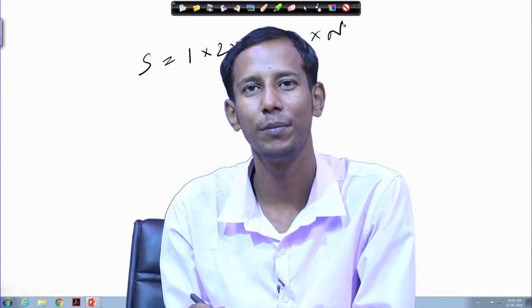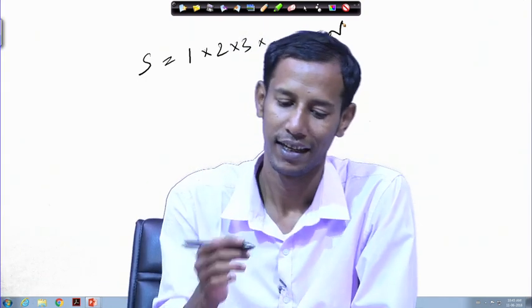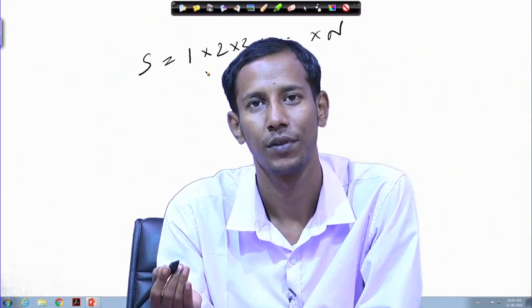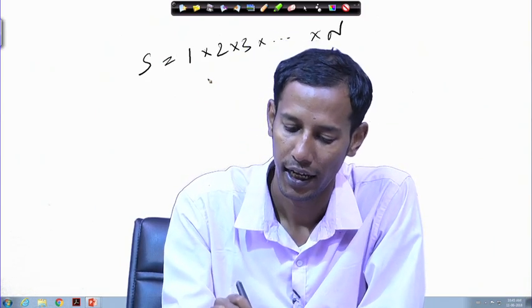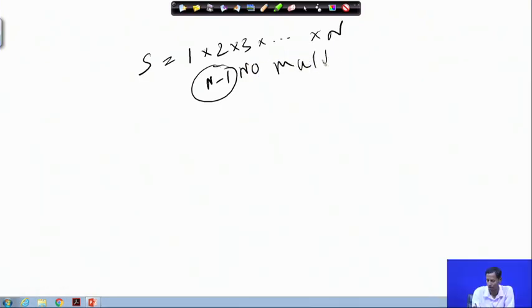If I want to implement this kind of function, it is similar, that means here also I need n minus 1 multiplications for a parallel implementation, or if I want to compute it within 1 clock cycle.